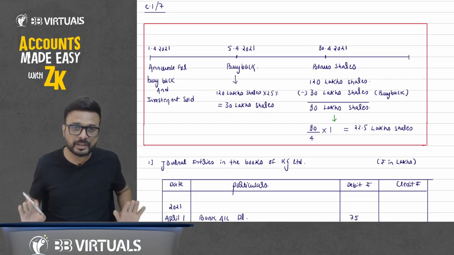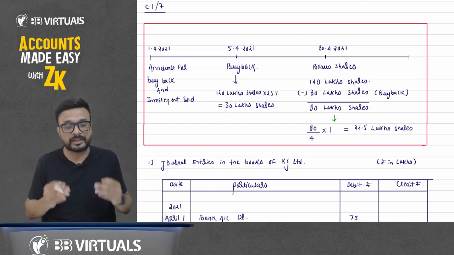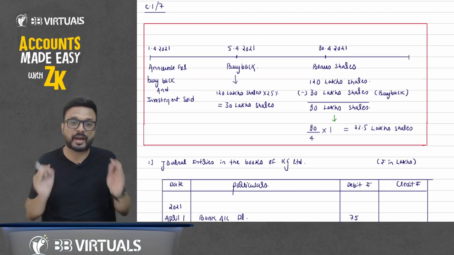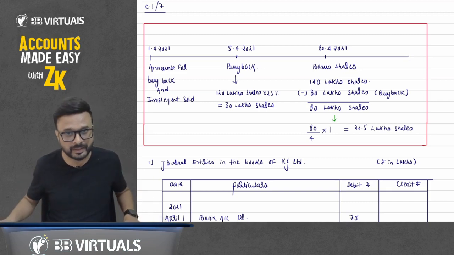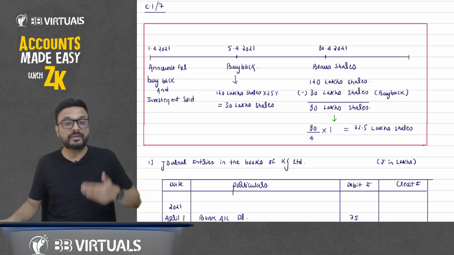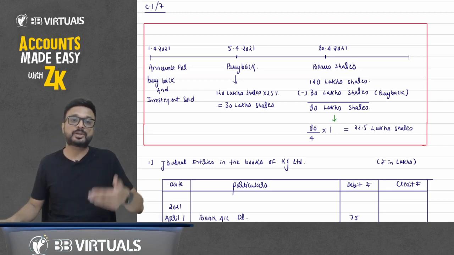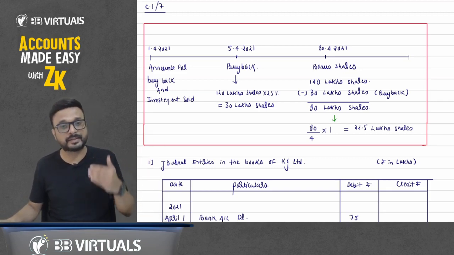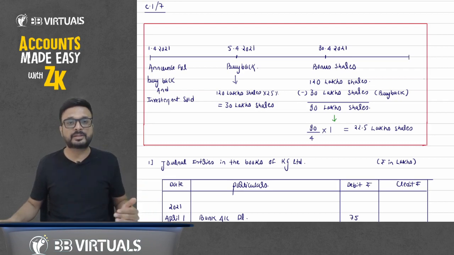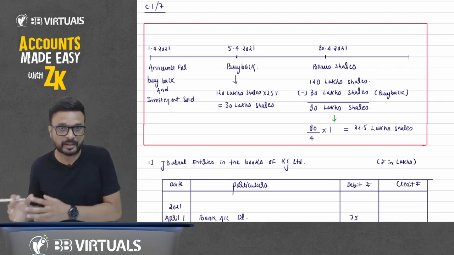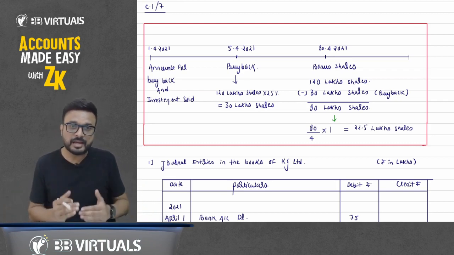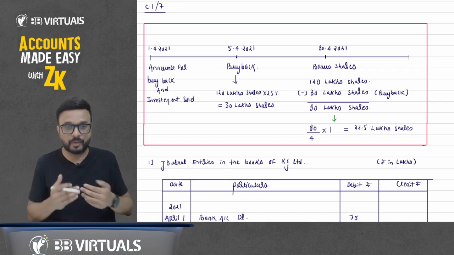If nothing is mentioned about the issue of shares, then we have to assume that it is out of profit only. Here, is any information given that they have issued any shares in the market? The answer is no. So we will call it buyback of shares out of profit.